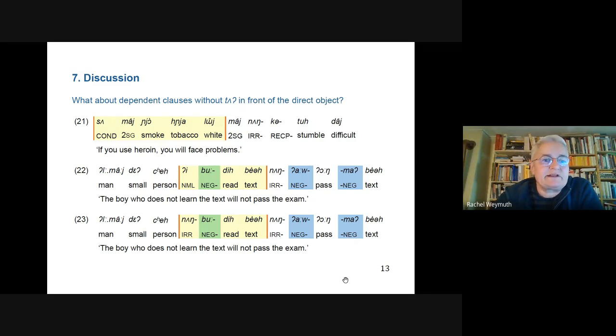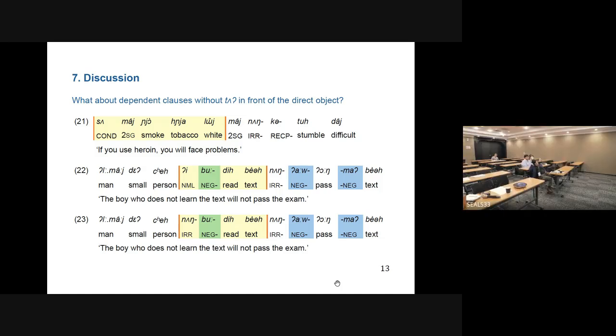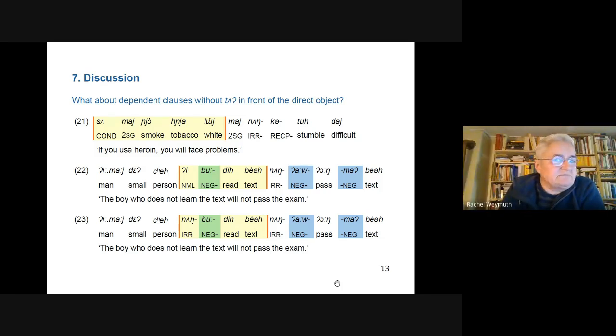22 and 23 are elicited from the same sentence, and we have here two slightly different answers. So we have here two relative clauses. The first one is introduced by the nominalizer e, and we don't have the da. So it may be that the sentence is nominalized.